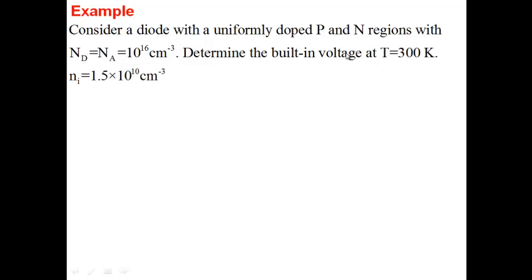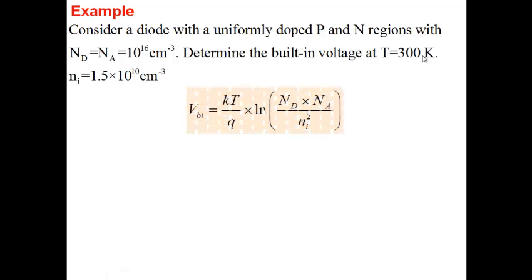We want to know what is the built-in voltage, and ni is required. We'll take a value of 1.5 into 10 to the power 10 at 300 Kelvin. So our expression for VBI is kT by Q ln Nd Na divided by ni square. So the purpose is that you keep a certain number in your mind regarding built-in voltage in a PN junction.